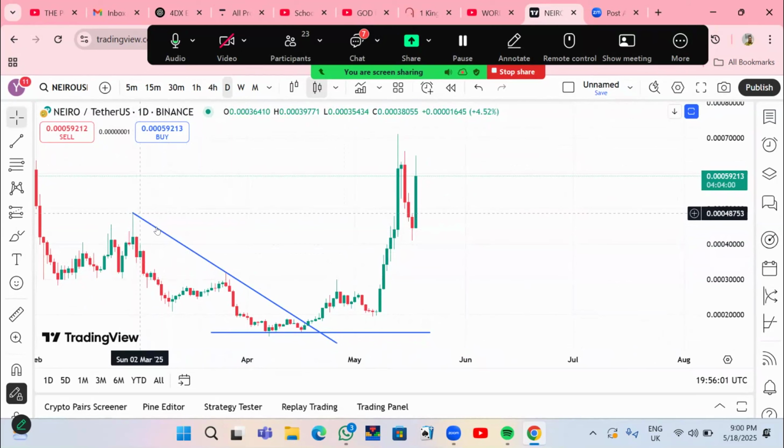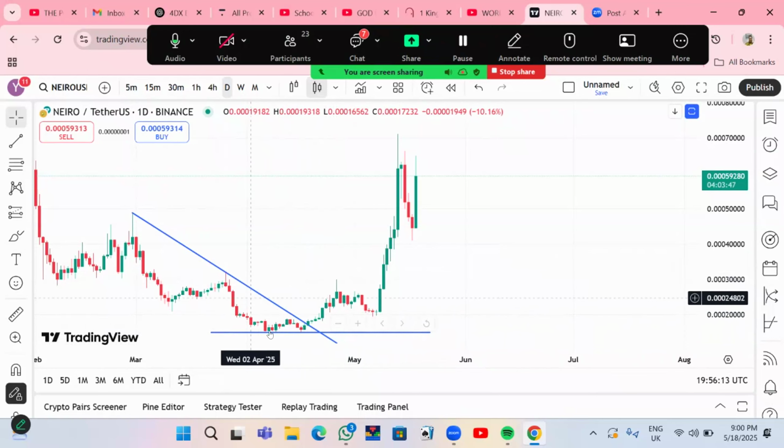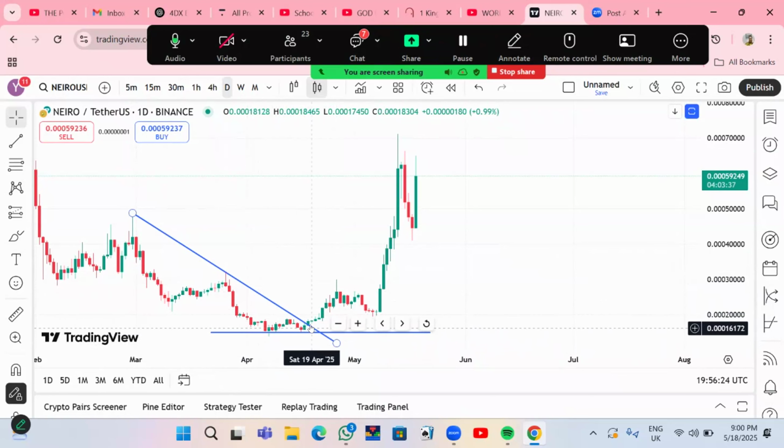Drawing this trend line means that if price keeps hitting this trend line and keeps going down like this, and doesn't break it, we are still in a downtrend. But immediately I saw a break and price goes this way, it tells me that this trend line has been violated. Price is no longer bearish.